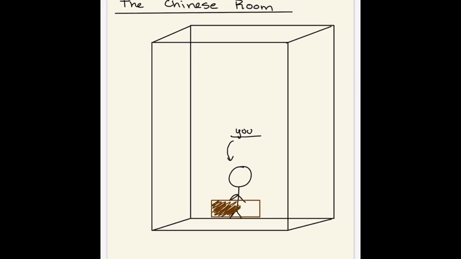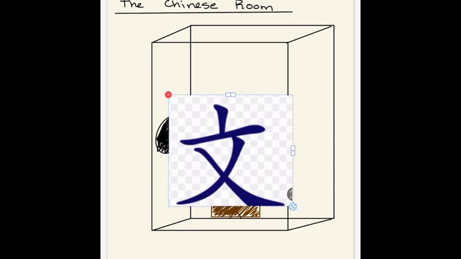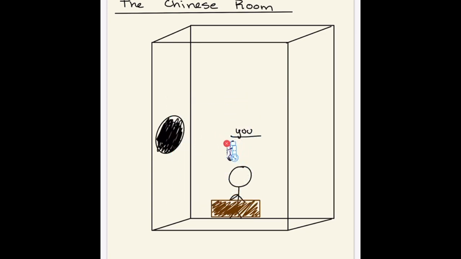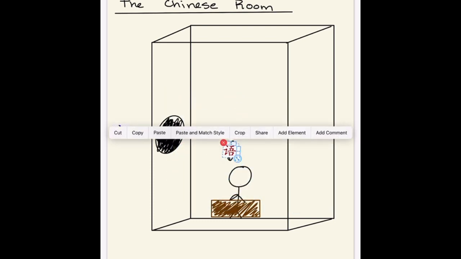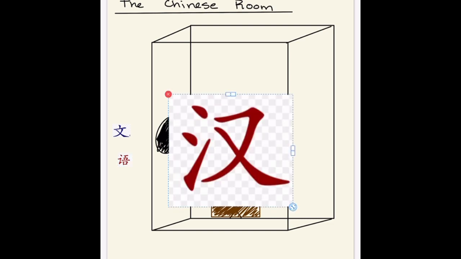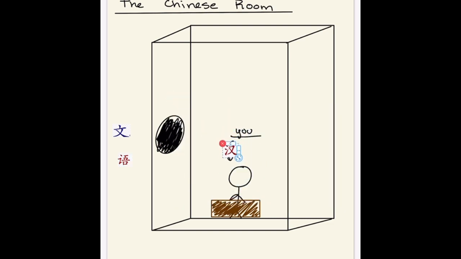And the person in the room is given an instruction manual to sort the input according to that instruction manual. So the instruction manual will be on that brown desk there. So it's the Chinese room because it's taking in different Chinese letters. As you see here, these are just random Chinese letters.